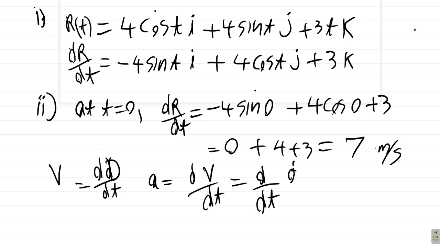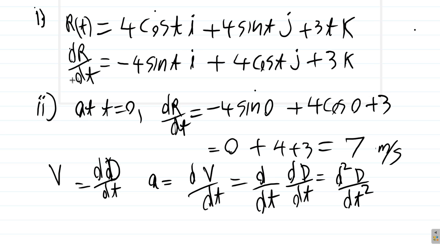So what you have is d squared of the distance by dt squared. So you're going to find the second derivative, right? So it's going to be the second derivative.